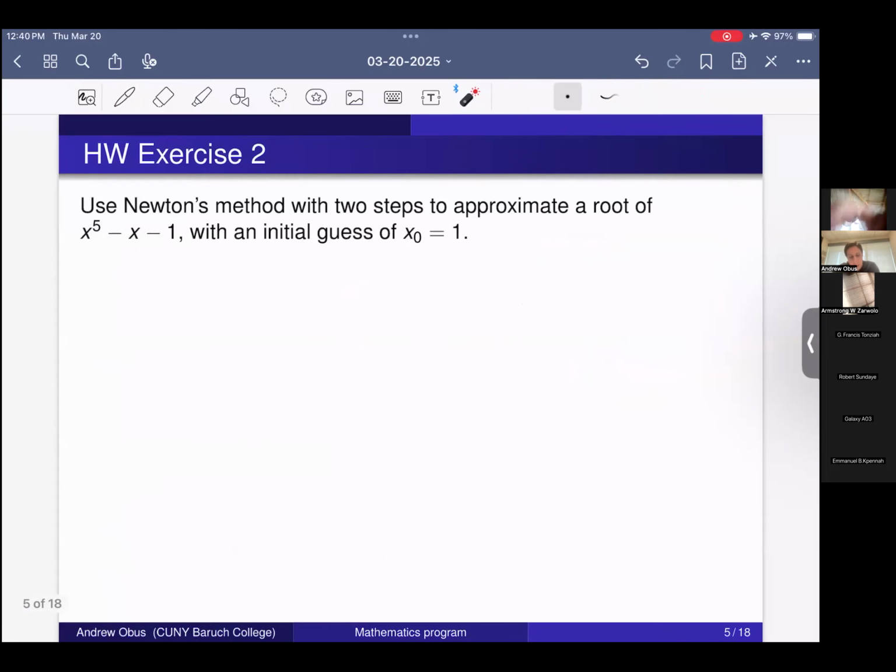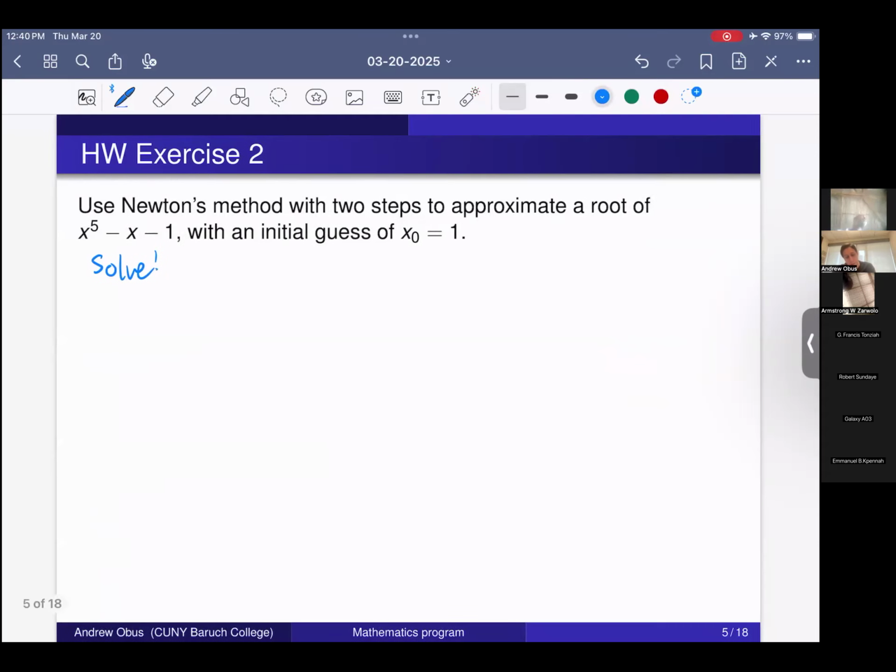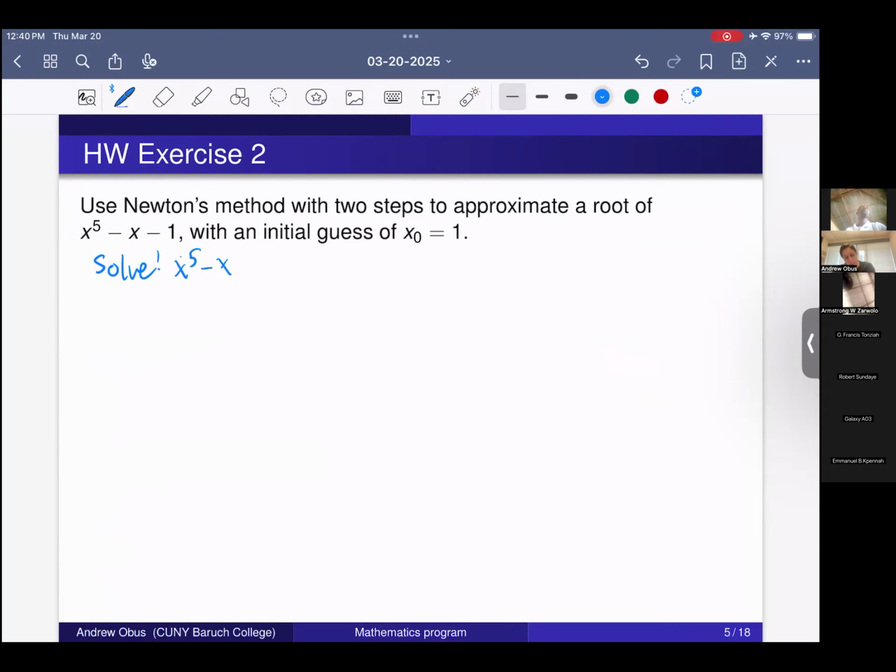So let's try to use Newton's method with two steps to approximate a root of x to the fifth minus x minus 1. When I say approximate a root, what we're doing is trying to solve x to the fifth minus x minus 1 equals 0. This is an equation that you can't solve by yourself. You're not going to be able to solve this by hand.